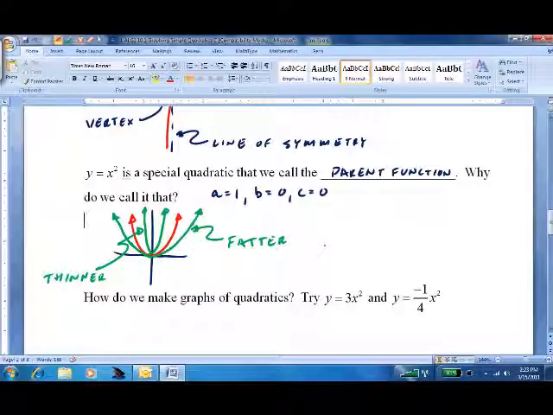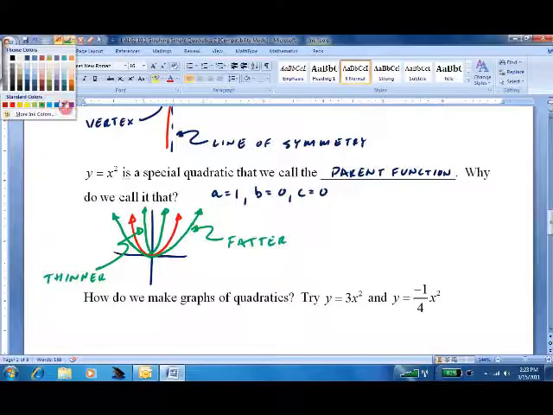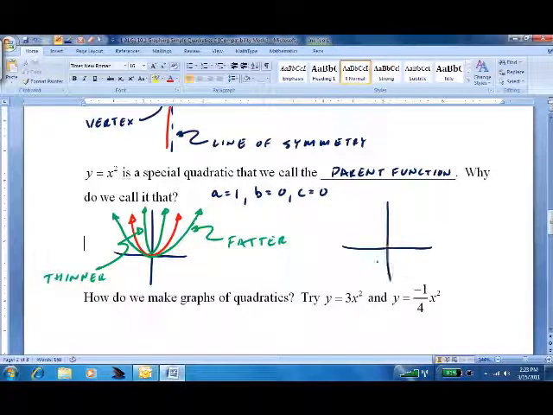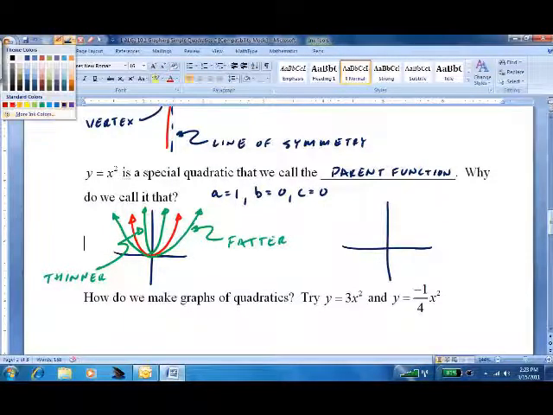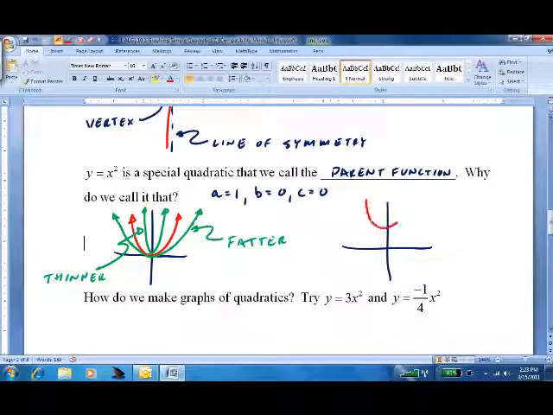Or maybe the graph moves up. Or maybe the graph gets flipped upside down. So whenever we graph one of these, we need to graph the parent function and then make a statement that compares the new graph to the parent function.